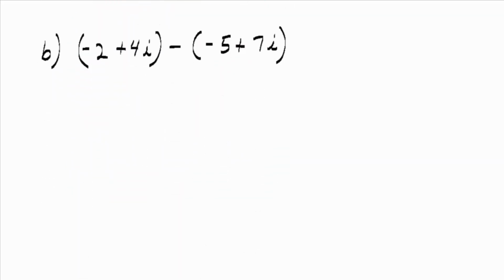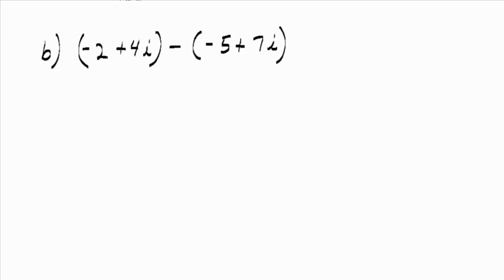Well, is subtraction going to be much different? So in part B, we're taking negative 2 plus 4i minus the entire complex number, negative 5 plus 7i. So we need parentheses around it because we're thinking of negative 5 plus 7i as one number. In the last example, the parentheses weren't necessary. In this example, the second set around the negative 5 plus 7i is necessary because what do you have to remember to do?